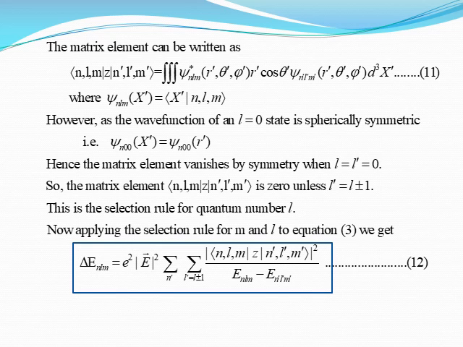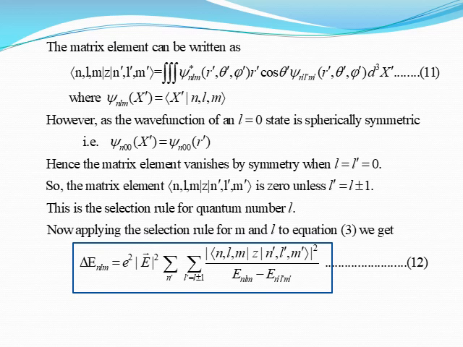Now applying the selection rule for m and l to equation 3, we get an expression: ΔEnlm equals e² times the modulus of the electric field vector squared, summed over n' and over l' = l ± 1, of the modulus squared of the matrix element ⟨nlm|z|n'l'm'⟩ divided by Enlm − En'l'm'.